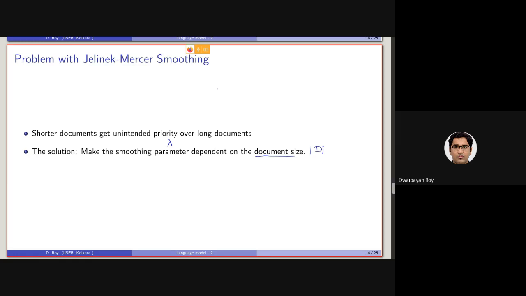Earlier, what we were doing is setting lambda somewhere between 0 and 1, and the score of a document for a query Q was computed as, for all the query terms, lambda times the probability of the query term in the language model of D, plus 1 minus lambda times the probability of the query term given the collection.